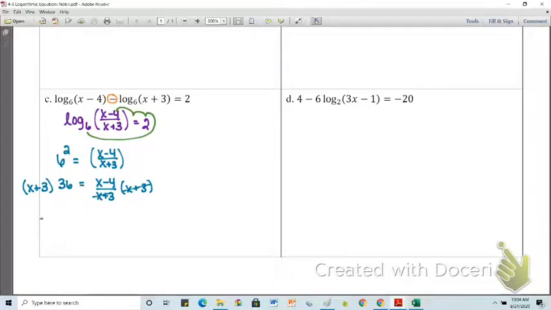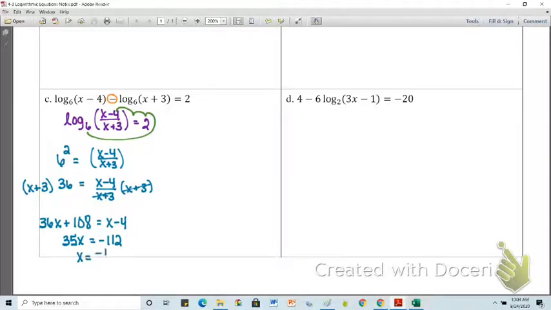That leaves me with 36x plus 108 equals x minus 4. So it's 35x, subtract 108 equals a negative 112.